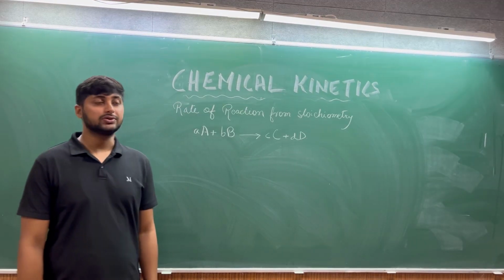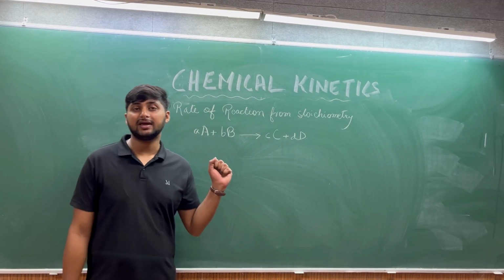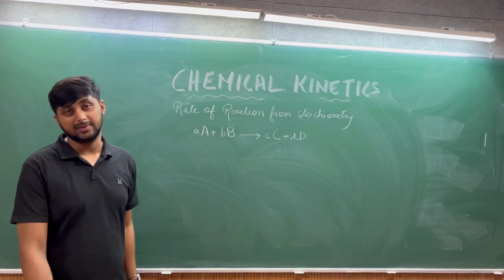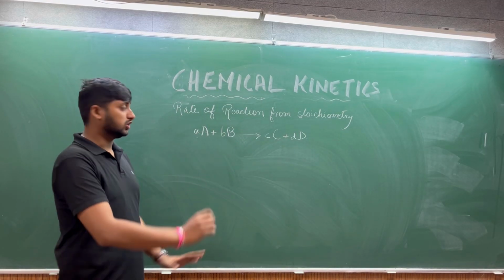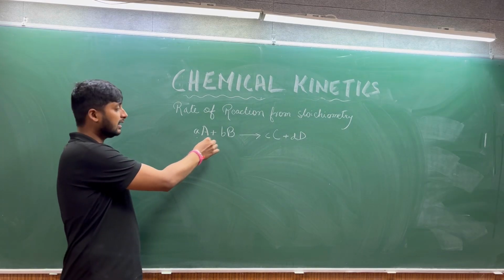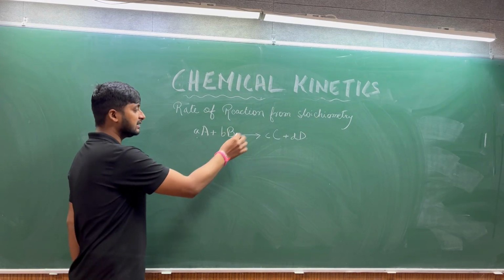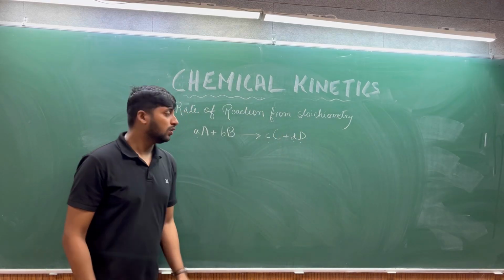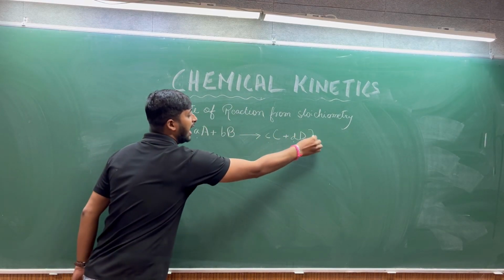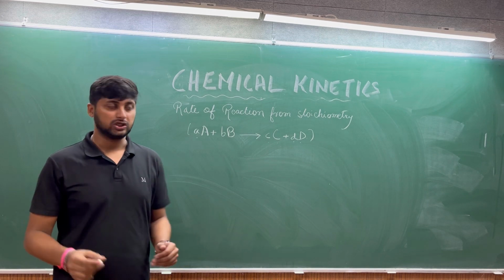So now students, we will be discussing the rate of the reaction from the stoichiometry of a chemical reaction. For example, this is a particular chemical reaction where a moles of A and b moles of B react to give c moles of C and d moles of D. Now from this equation, how will we determine the rate of the reaction?